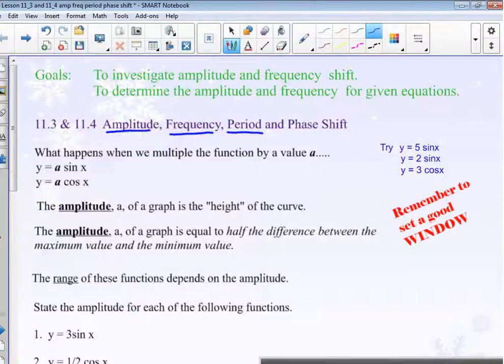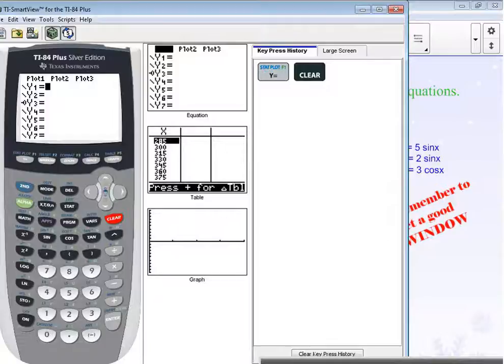Okay, so what happens when we multiply a function by a value a? What if we try y1 equals 1/2 or 0.5 sine x? If you were doing a fraction, you would want to do 1 divided by 2 in parentheses sine x, versus 0.5 sine x.